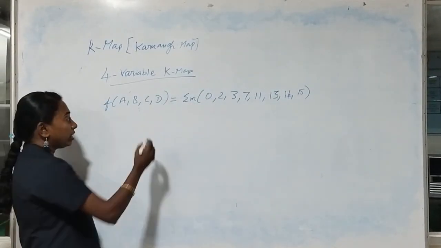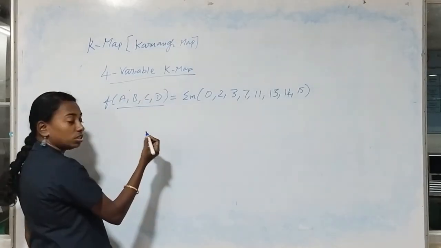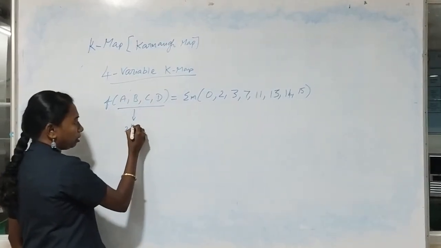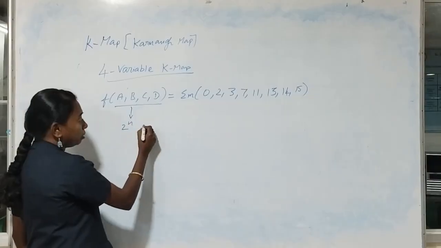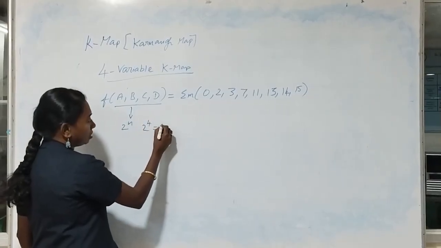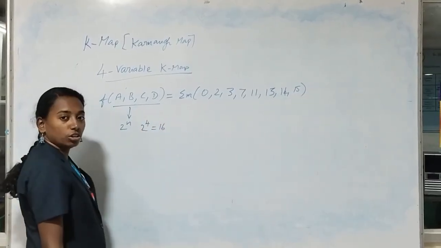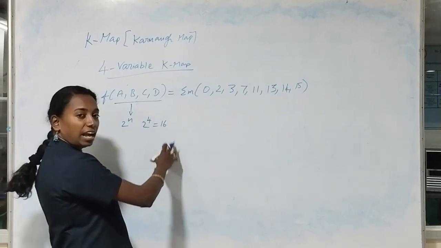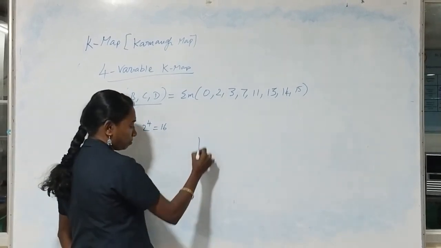So as you all know, here it is 4 variable. So this will be having 2 power n, where n is your number of variables. So 2 power 4 means 16 combinations you should have. So you have to draw a K-map that accommodates 16 cells.